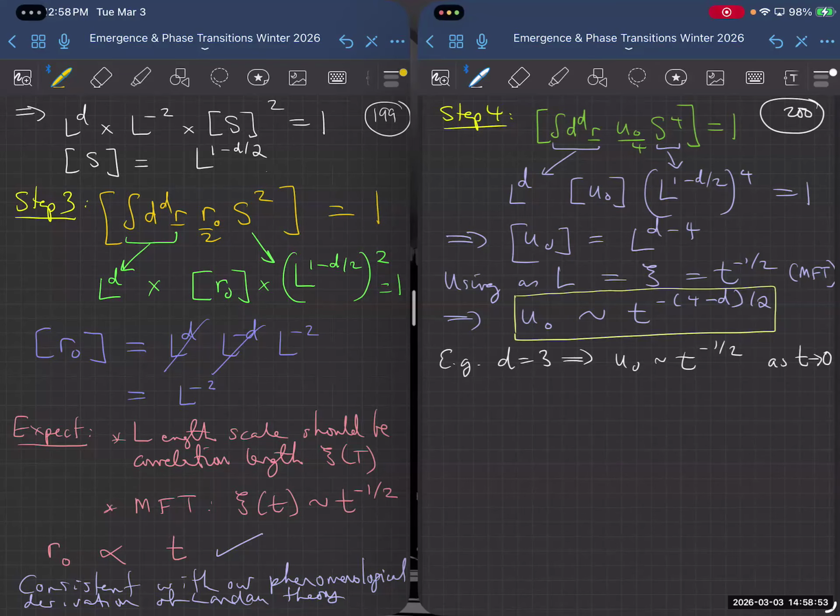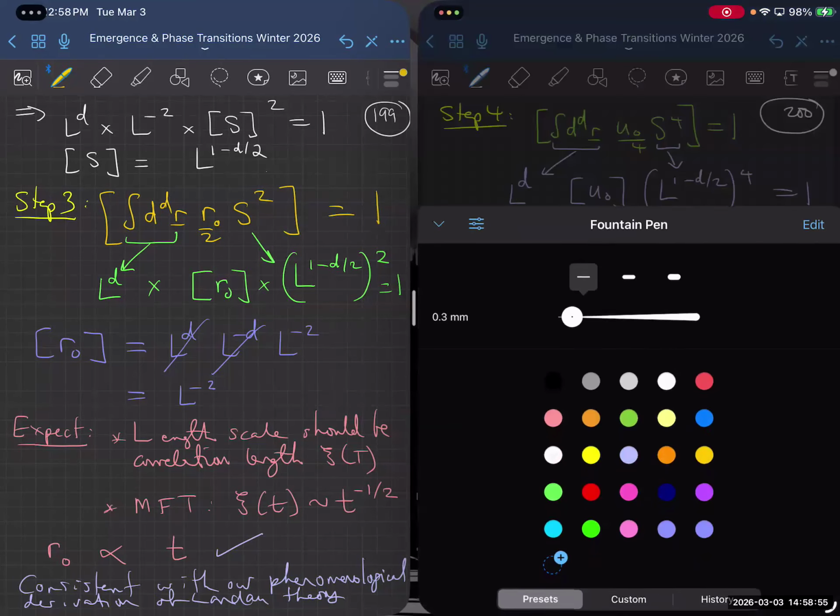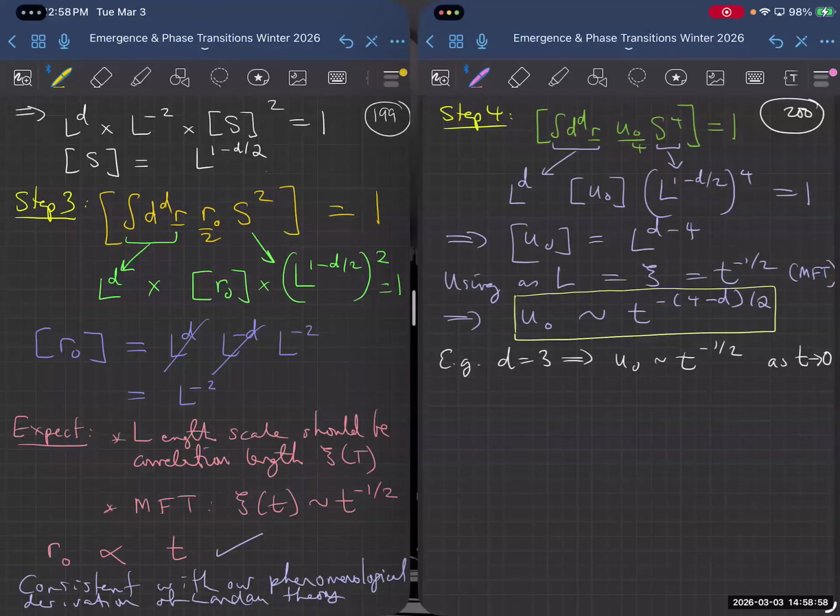So in other words, what we've just discovered, the most surprising thing, is that for d less than 4, as t tends to tc, u naught diverges.